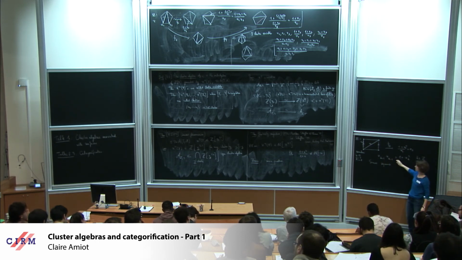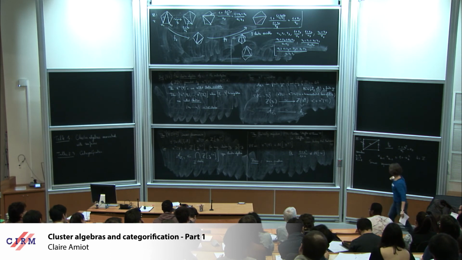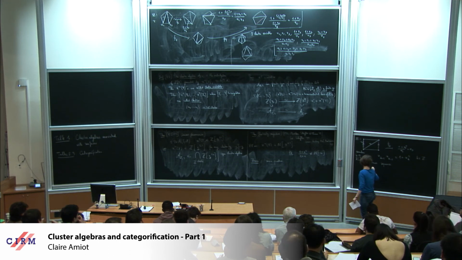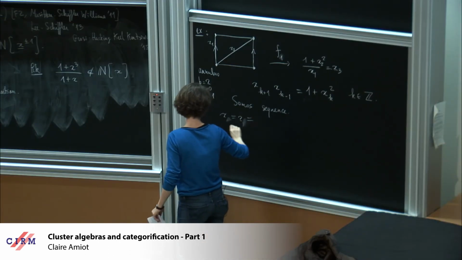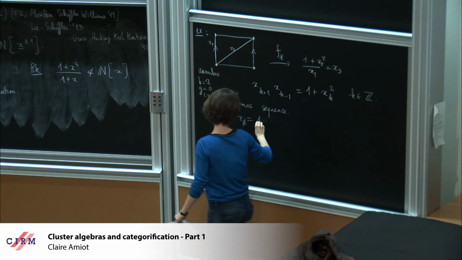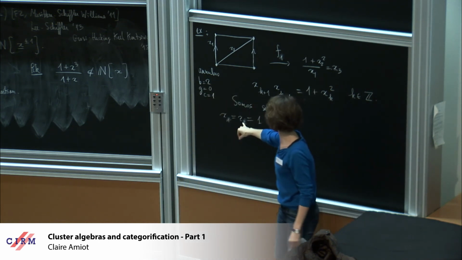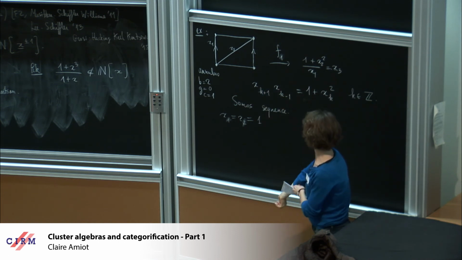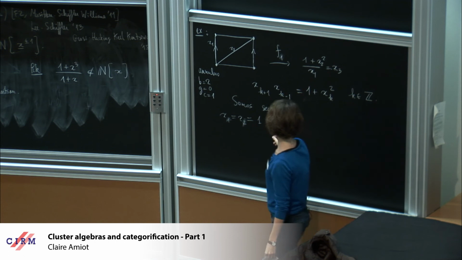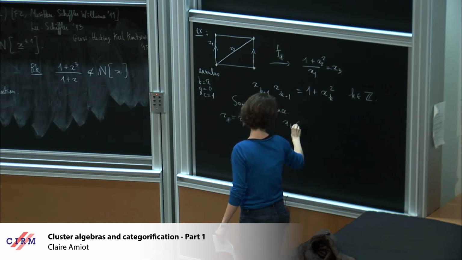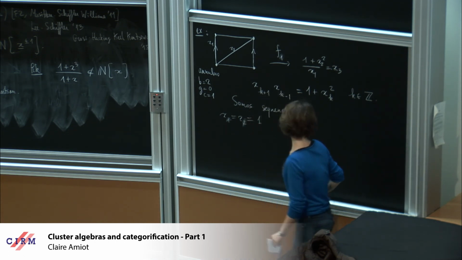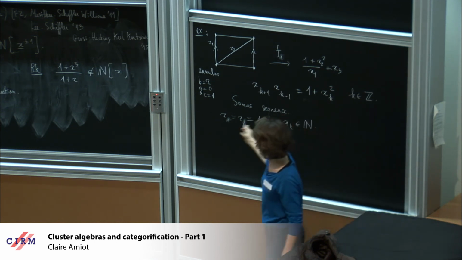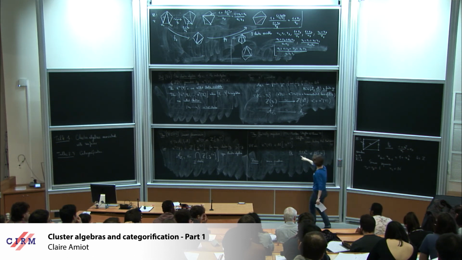If I come back to this example, in this relation, if you put the initial condition x1 equals x2 equals 1, and you take this relation, it's a very old problem, this sequence: xk is always an integer, a positive integer. And actually you can see the link with this positivity conjecture here.